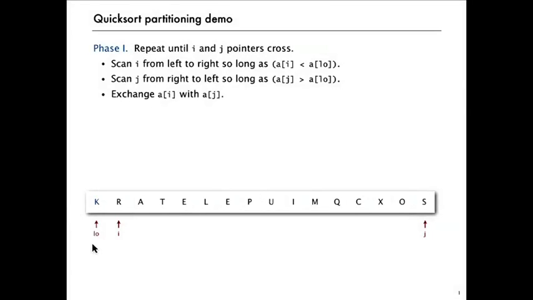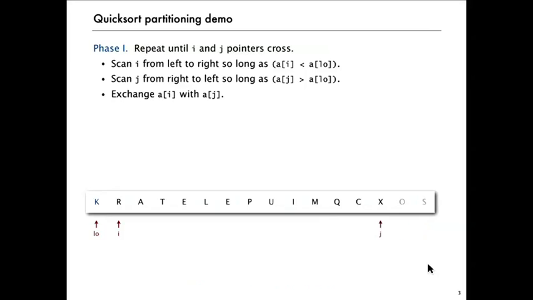So we start again by picking k as the partitioning element, and then our method is to move the i pointer from left to right as long as what we have is less than the partitioning element, and move the j pointer from right to left as long as it points to an item that's greater than the partitioning element. So in this example, the i pointer stops right away because it's pointing to an R, which is bigger than the partitioning element.